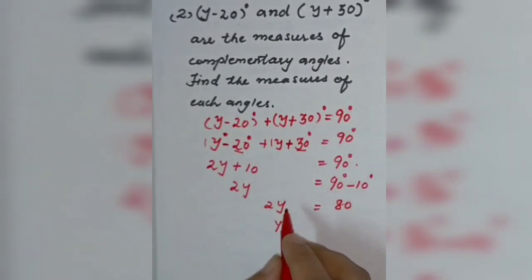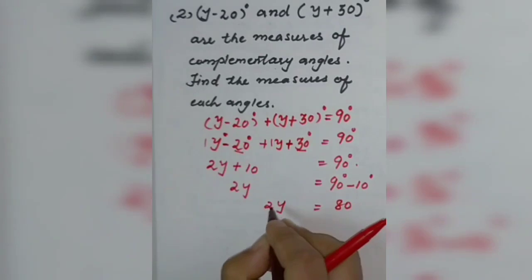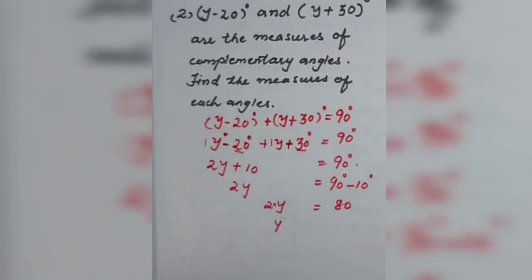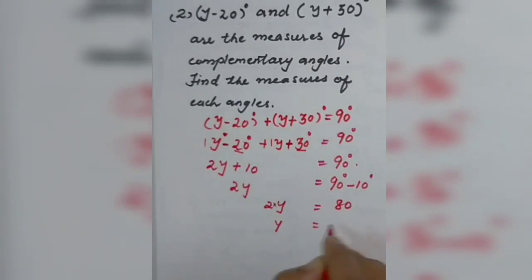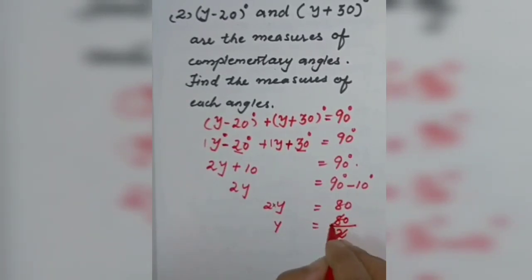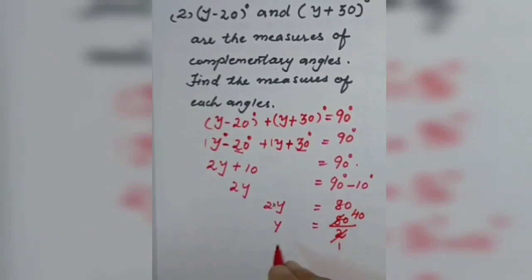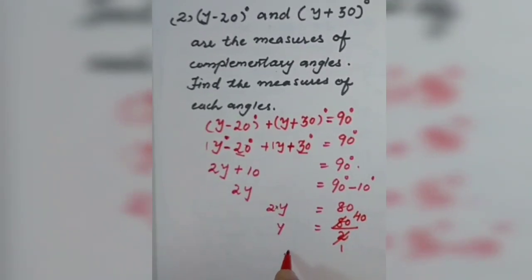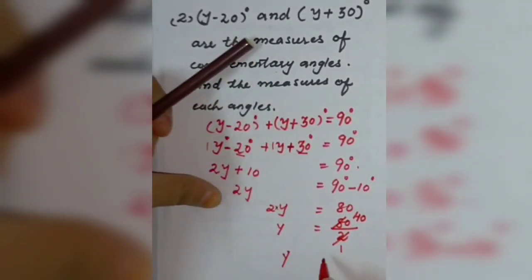It means the sign is multiplication. Understood? Now the opposite of multiplication is what? Division. Therefore y is equal to 80 upon 2. Now 2 ones are 2, 2 fours are 8, and this 0. Now y is equal to 40.